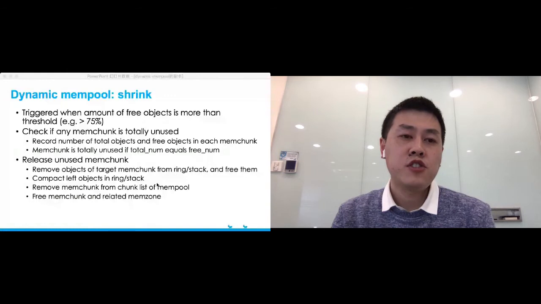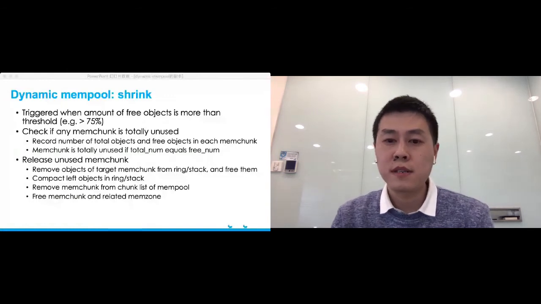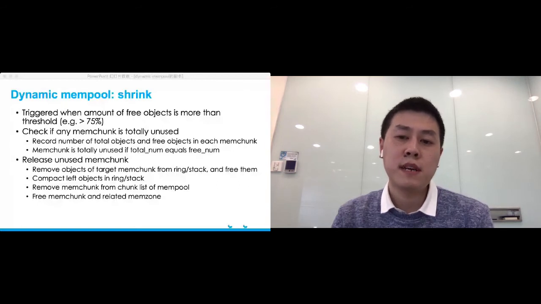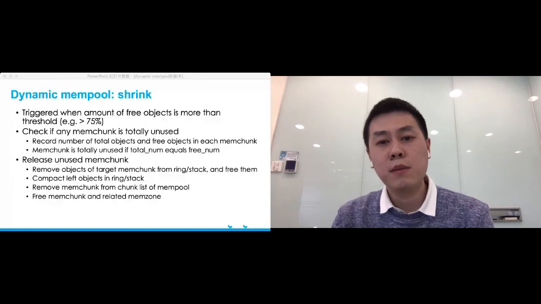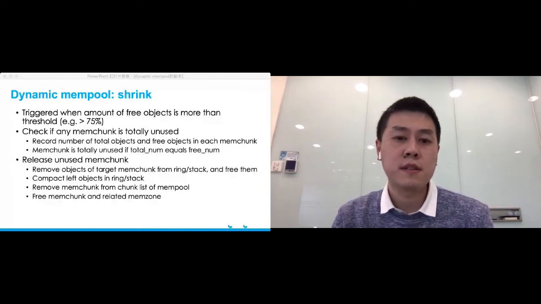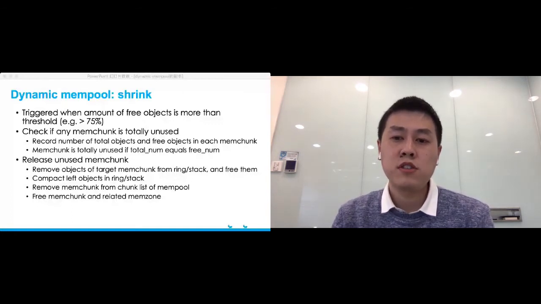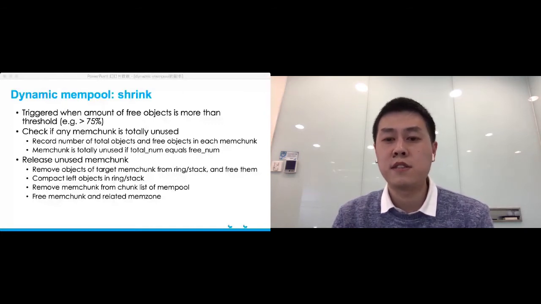The last extension is the dynamic shrink. When the number of free objects is more than a preset threshold, the dynamic shrink would be triggered during the mempool enqueue operations. As we know, mempool maintains the information of memchunks from which objects are allocated. So we extend the memchunk structure to record the number of total objects and currently free objects in it.